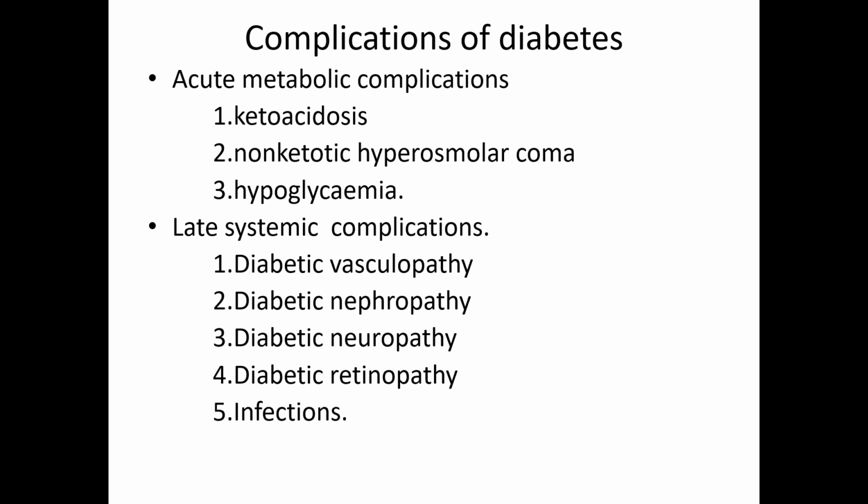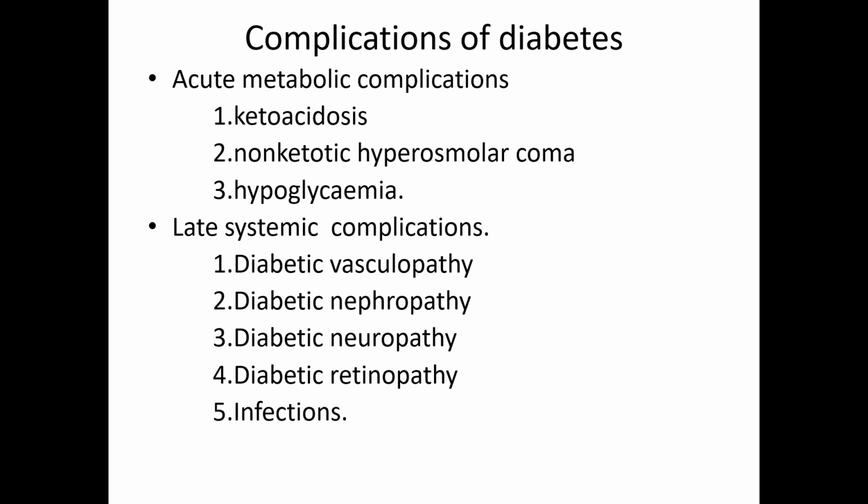The complications can be divided into acute metabolic complications and late systemic complications. Acute metabolic complications may occur when the hyperglycemia is severe, and these include ketoacidosis, non-ketotic hyperosmolar coma, and hypoglycemia.